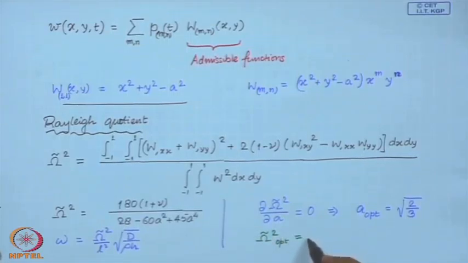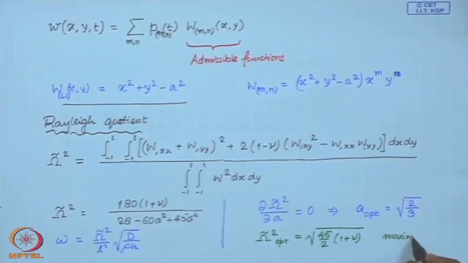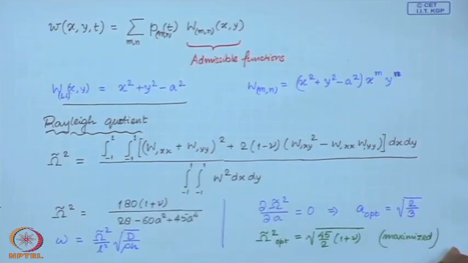You can check that this is actually maximized by taking the second derivative with respect to A and looking at its sign. So, this happens to be the optimal non-dimensional radius.